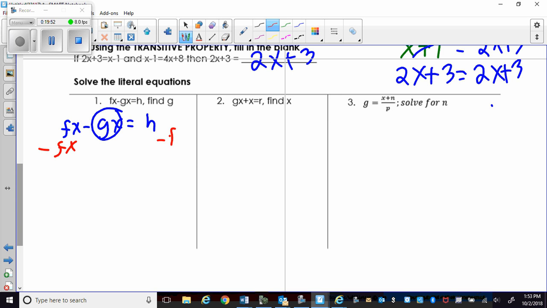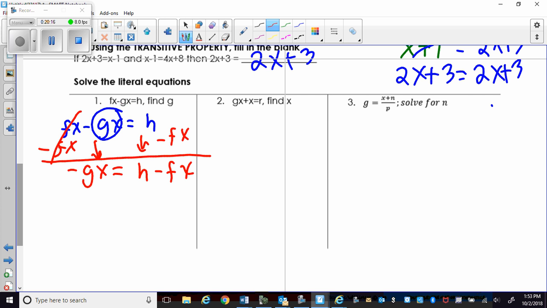This goes away. Negative g of x comes down, equals comes down, and h comes down, minus f of x. Now what? How do I get g totally by itself? What do I need to divide by?